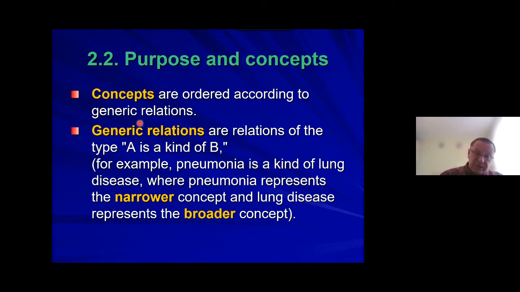Now the major definition. We use the term concepts ordered according to generic relations in the classification system. A generic relation is something like A is a kind of B: pneumonia is a kind of lung disease, COVID is also a kind of lung disease, where pneumonia represents a narrower concept and lung disease represents a broader concept.